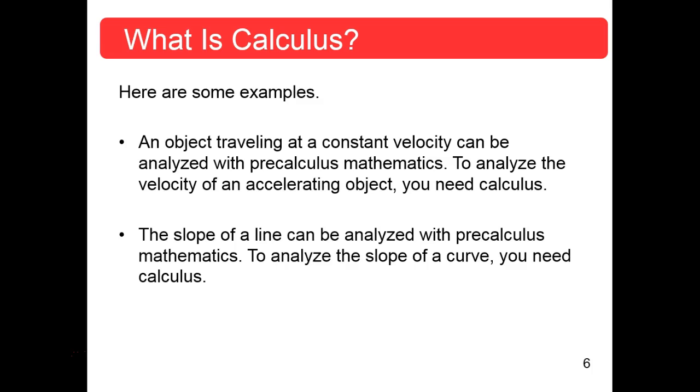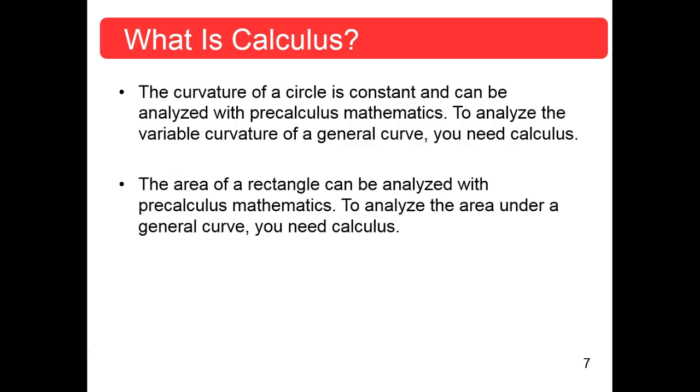If it's accelerating and changing, that's calculus. The slope of a line can be analyzed with pre-calculus, but to analyze the slope of a curve, not a line, yeah, we can figure that out, rise over run, right? But a curve that's always changing, you can't. You need calculus. Okay? That's what Kepler had run into. The curvature of a circle is constant and can be analyzed with pre-calculus mathematics.